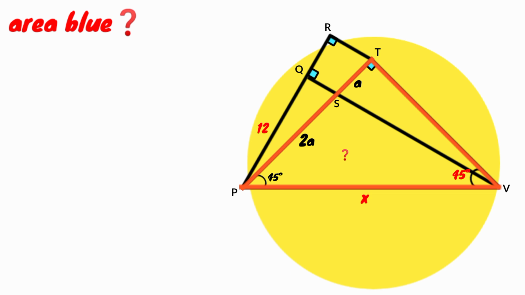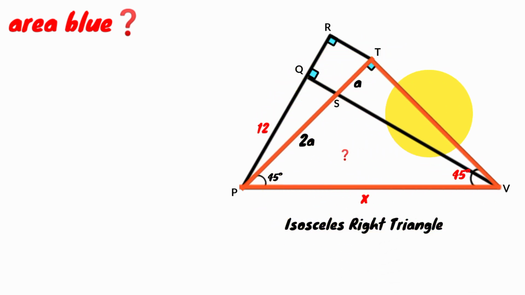That makes it an isosceles right angle triangle. The legs of an isosceles right angle triangle are congruent, which are this and this. So since this side has its length to be 2a plus a, the length of this side must also be 2a plus a, which is 3a.